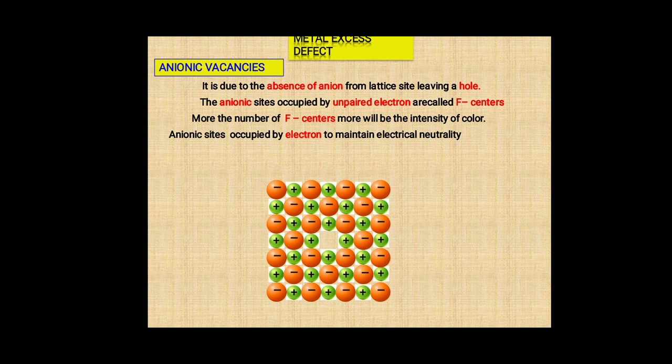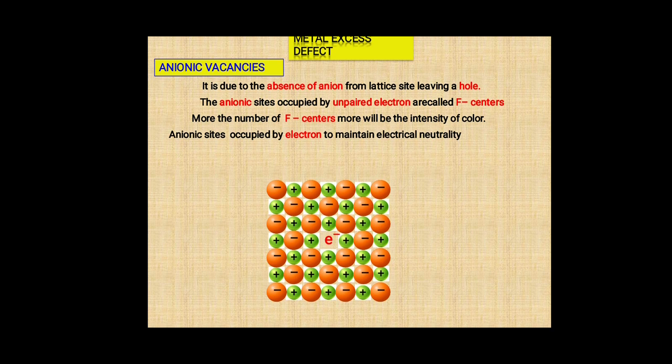But to maintain electrical neutrality, this vacant site is occupied by an electron. As I told, the removal of anion and the entry of electron is a different explanation. Mainly, this defect is due to the absence of anion, first thing.